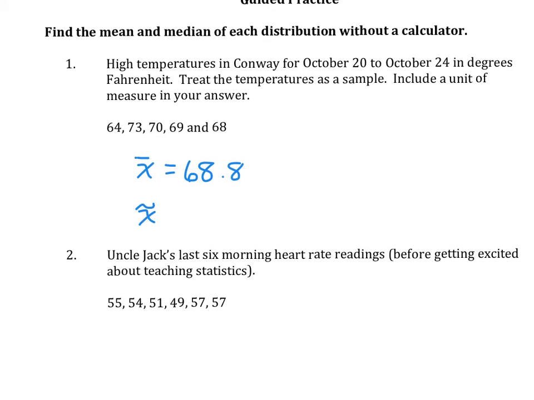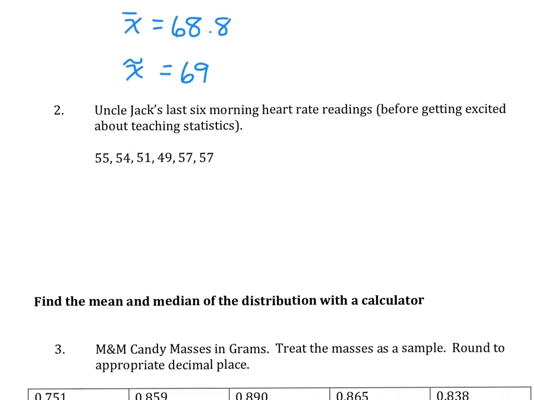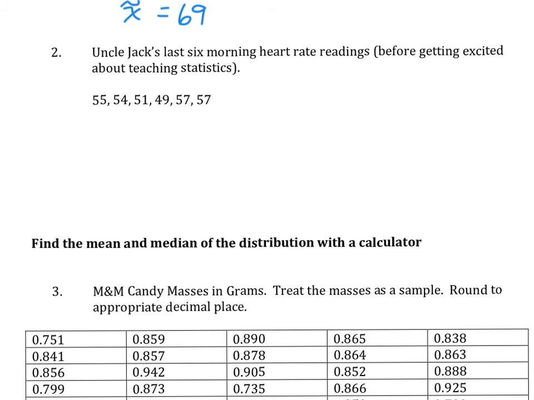And for x tilde, or the median, I get 69 when we order them. Heart rates, again, it's a sample. I get 53.8 for the mean, and for the median, 54.5.